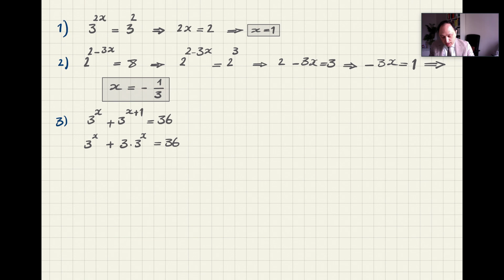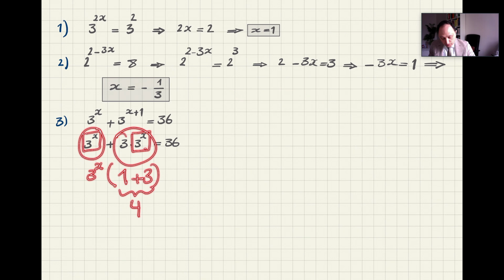I would say that here I have one thing, something in a box, but I have 3 of those boxes again. Of course, when you say factor, that's also correct. When you factor 3 to the power of x out, what is left here is 1, and what is left from this is just 3, and then you write 1 plus 3 is 4.